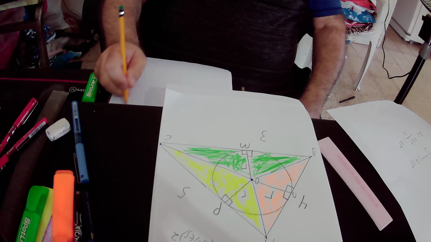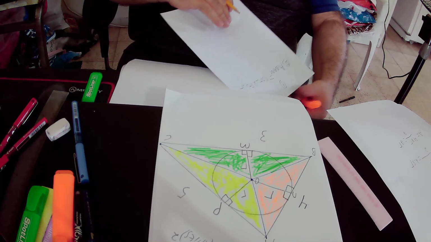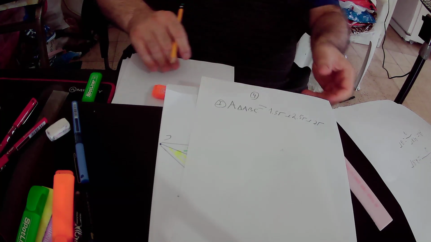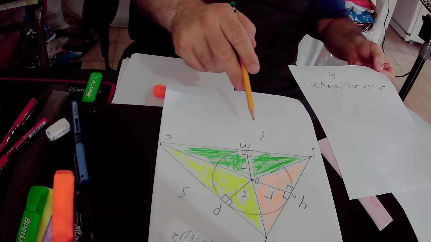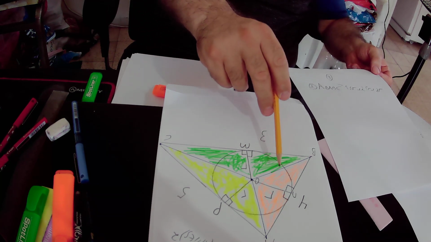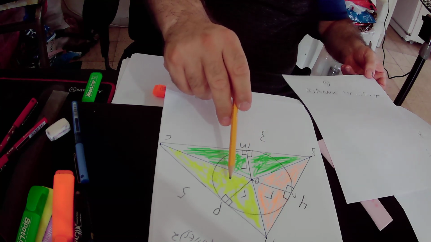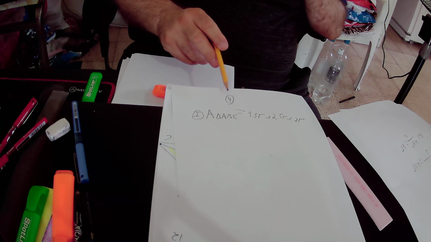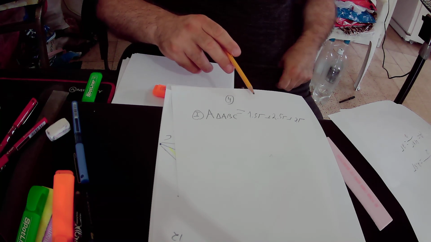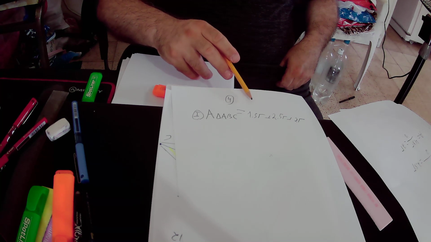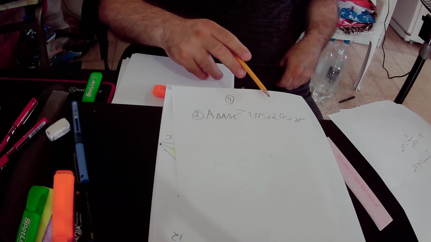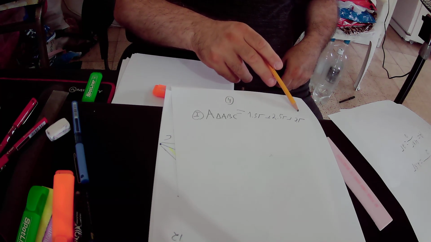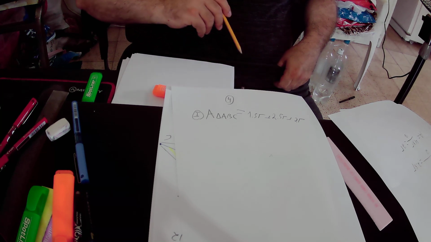Okay, so equation number 1 states that the area of the big triangle ABC equals the sum of the areas of the green triangle plus the area of the orange triangle plus the area of the yellow triangle. Okay, so the area of triangle ABC, the big triangle, equals the area of the green triangle, that is 1.5 times the radius, plus the area of the yellow triangle, that is 2.5 times the radius of the circle, plus the area of the orange triangle, that equals 2 times the radius.